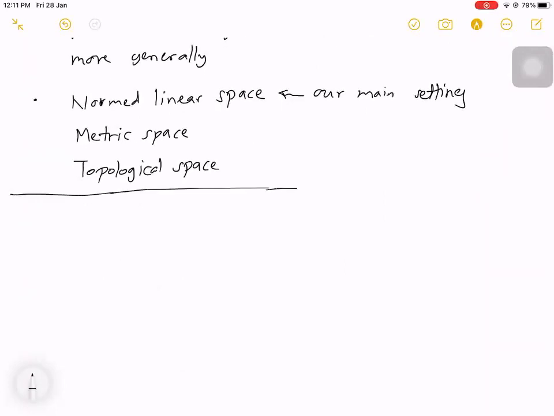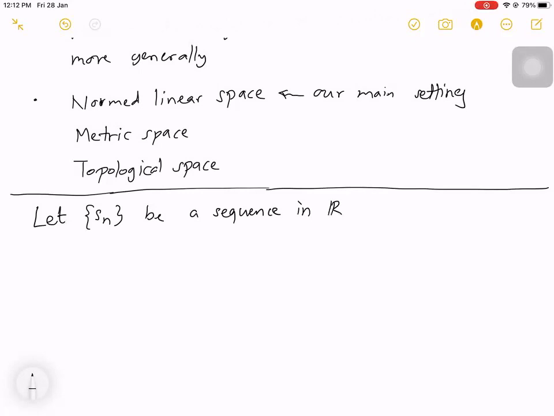And to begin with, I just want to write down the definition of what it means to have the limit of a sequence. So I'm just going to write this down from last time. Let Sn be a sequence in R. So I just have a sequence of real numbers, formally a function from natural numbers to real numbers.